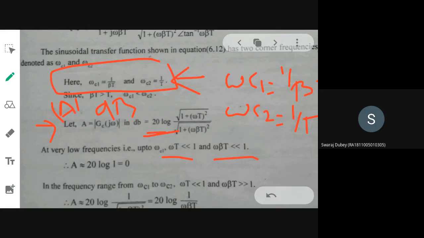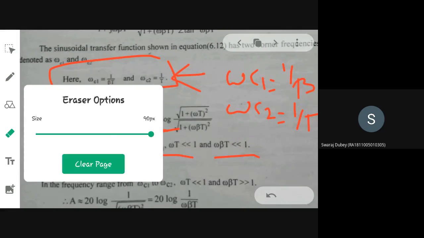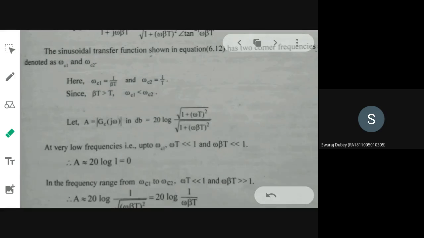Now first case, you are going to consider both omega t as well as omega beta t less than 1. So what will happen to the gain? You are going to consider this in your equation. If omega t is less than 1, if you compare 1 and omega t, which will be greater and which will be less? 1 is greater, omega t is less than 1.